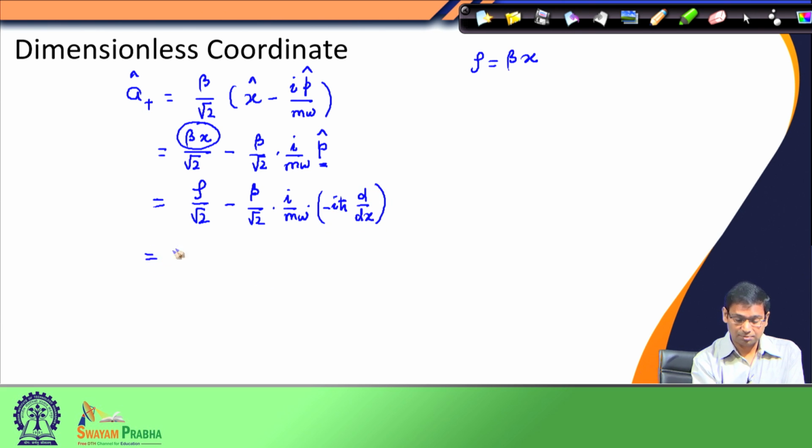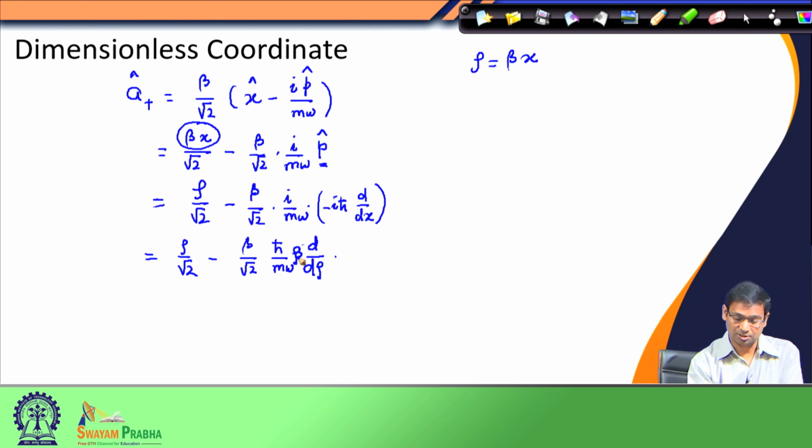When you look at this term, I have rho minus root 2. I see here that minus i would give me plus 1, and I am left with beta divided by root 2 times h bar by m omega d by dx, but since x is rho divided by beta, I am writing out d rho, and then I will have to multiply this with beta.